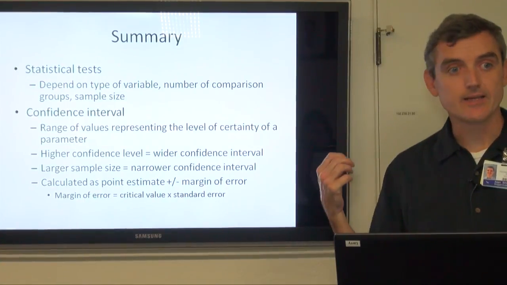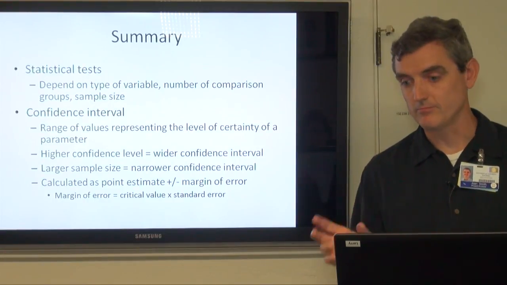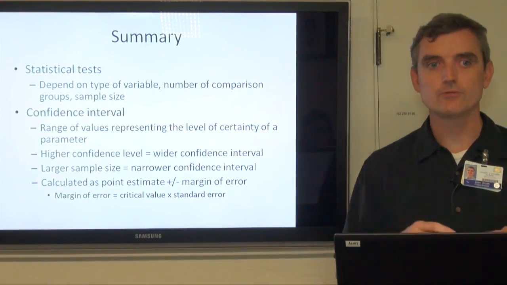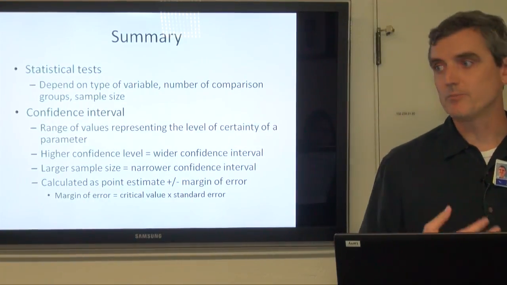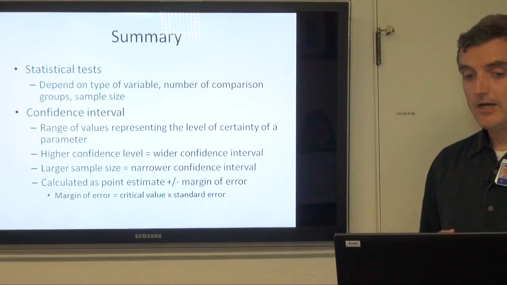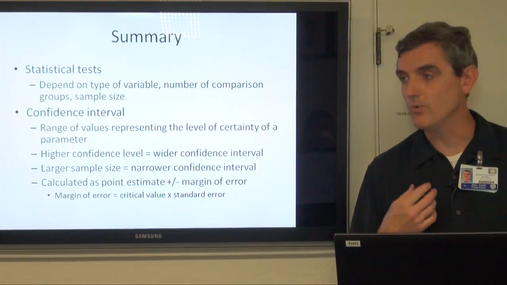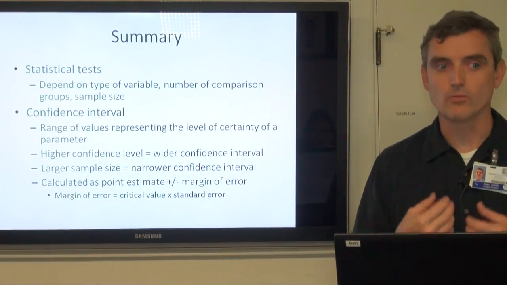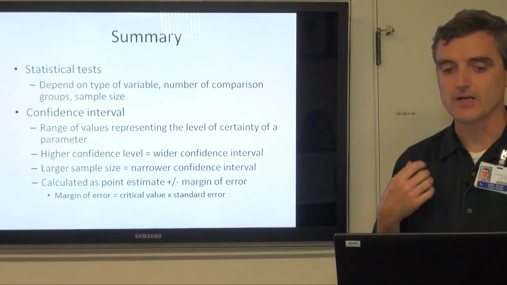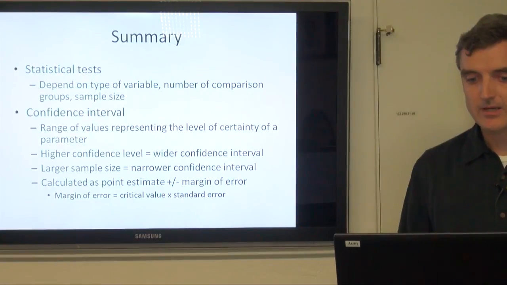Essentially saying that for continuous outcomes and even for dichotomous outcomes, you can use the normal distribution to compare your outcomes. But just to sum up, statistical tests, what one you're going to use is going to depend on what type of outcome variable you have, the number of groups that you're comparing, and the sample size.